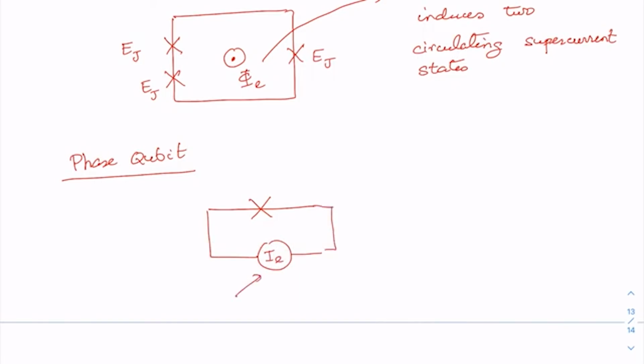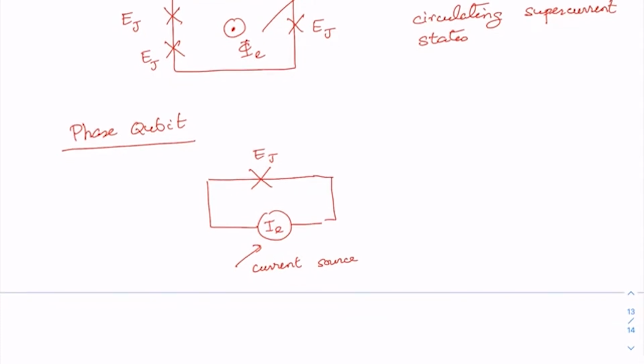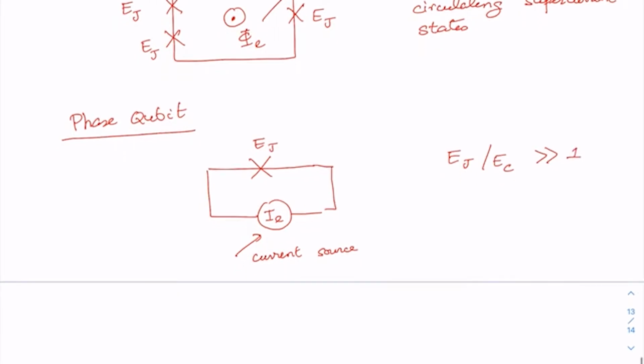This qubit profits from the phase difference phi of the Josephson junction in the regime where EJ by EC is much larger than 1, and it is affected only by flux fluctuation.